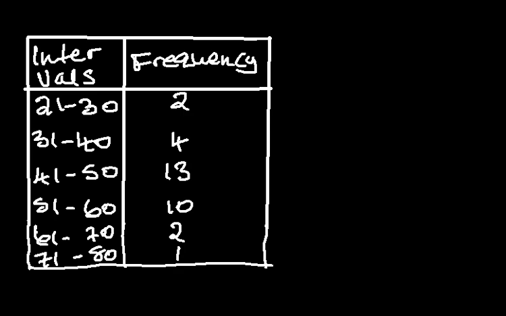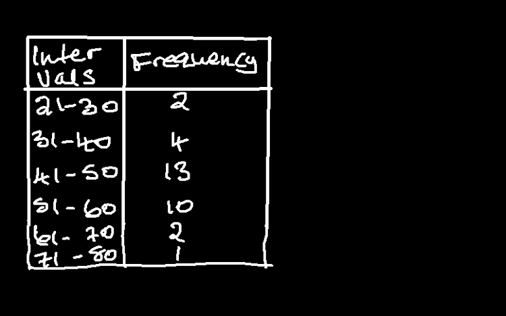Let's say we have this typical grouped data, with the intervals, which you also call class intervals, and these are their respective frequencies. You can see that this data has been presented in the form of groups, so that's why it is said to be grouped data.